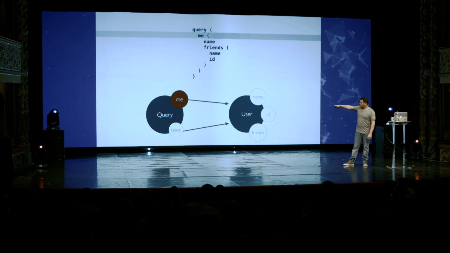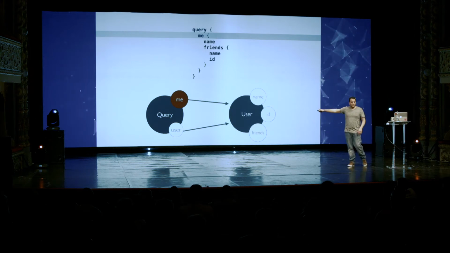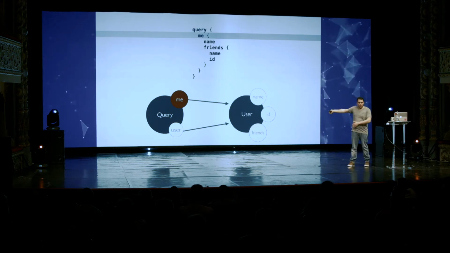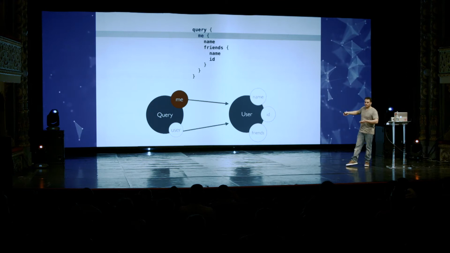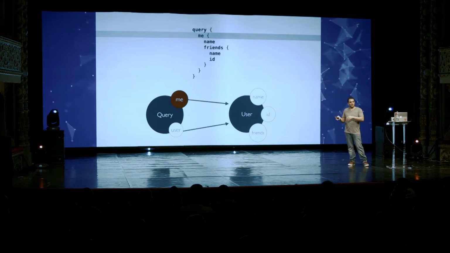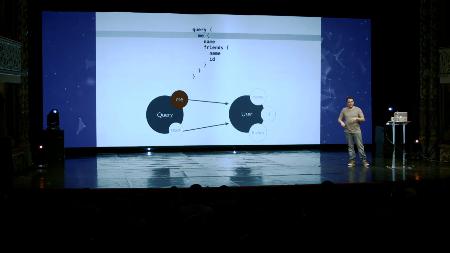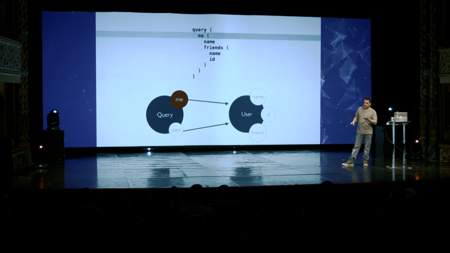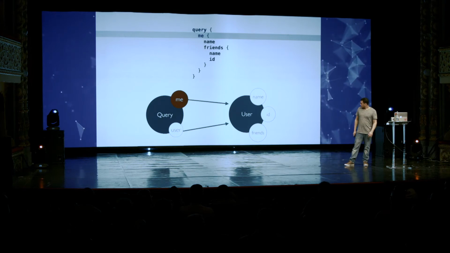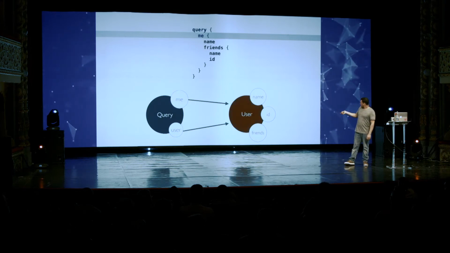We ask for me, so me is the next field to run. And again, it's just a pure function. For example, me is the current active user. So we want, I don't know, to check his token and validate it, maybe use an external authentication service or microservice that does that. We can just do it in this pure function. And then we return the actual user.